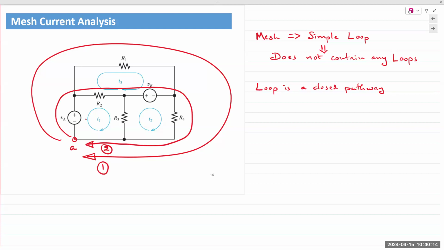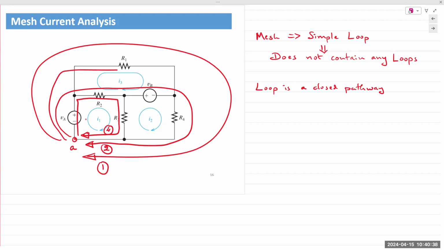There are also other pathways where I could start at A and come back to that same point, and I'm going to call that 4 for one specific reason, because there are still multiple loops inside the circuit.